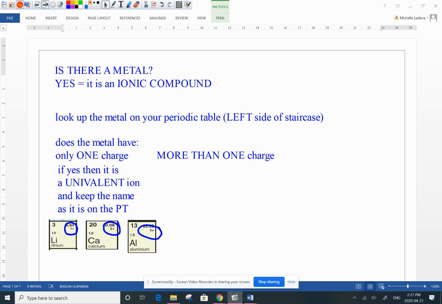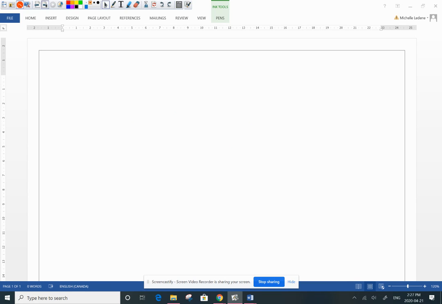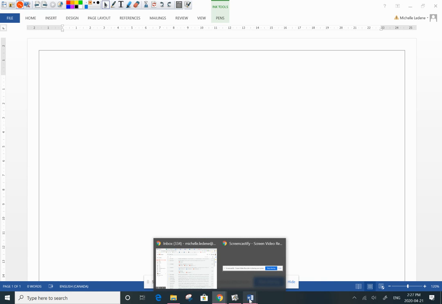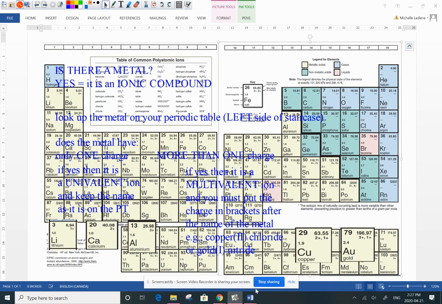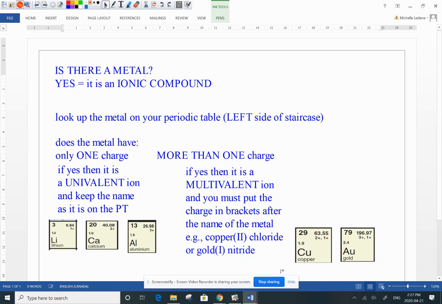But wait a minute, what if there's not one charge? What if this is one of the guys in the middle of the periodic table? These are the transition metals. Many of them have more than one ion charge. Those are the multivalent ions.